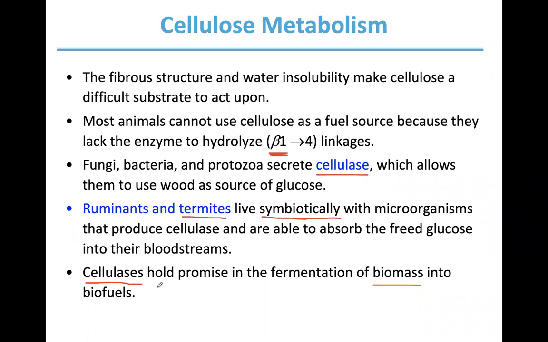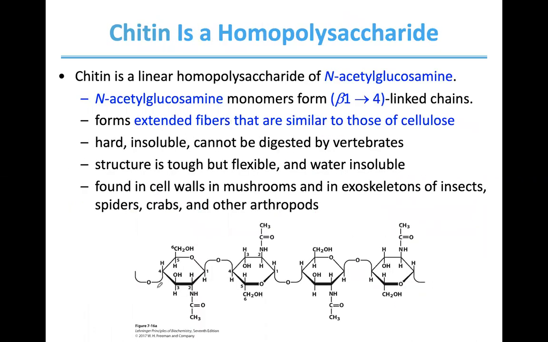Okay, any questions? All right. So chitin, we already mentioned chitin in this class. The only difference between cellulose and chitin is position 2, where, instead of the OH of glucose, we have N-acetylglucosamine, N-acetylamine basically. It's an amide functionality.